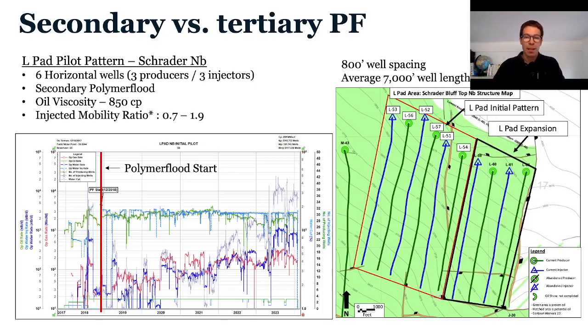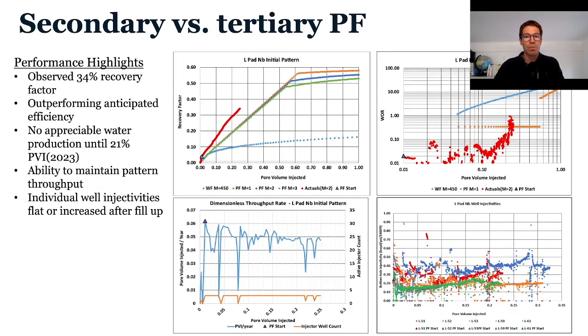In that case, the conclusions of the authors are that there was the ability to maintain pattern outputs, and almost no injectivity decrease, and even very good injectivities all over the duration of the test and even the pilot.